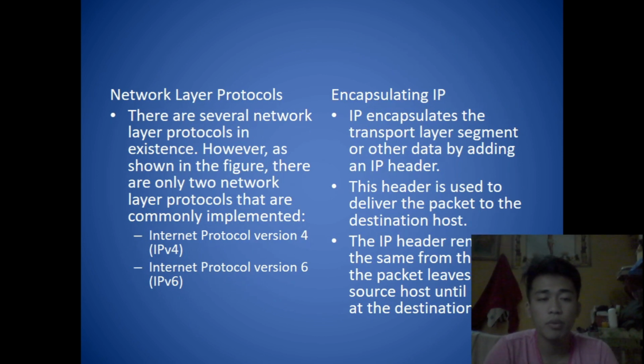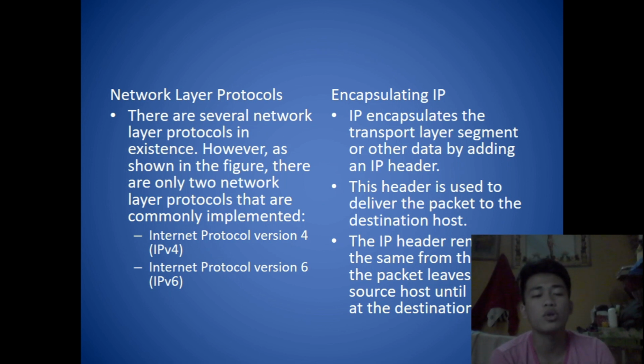Next we have network layer protocols and encapsulating IP. There are several network layer protocols in existence, but only two are commonly implemented: Internet Protocol version 4 and Internet Protocol version 6.